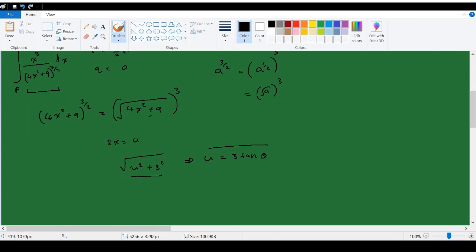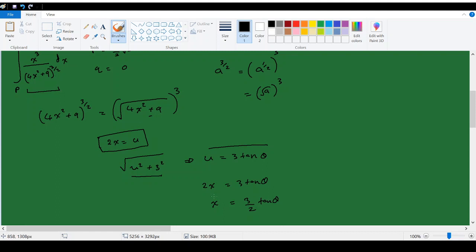But the thing is, our actual relationship will be this one. In other words, 2x will be equal to 3 tan theta, or we can say x is equal to 3 over 2 tan theta, right?